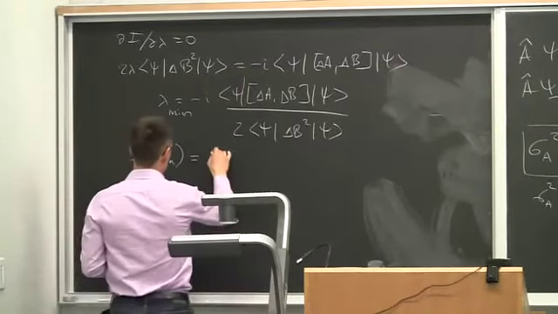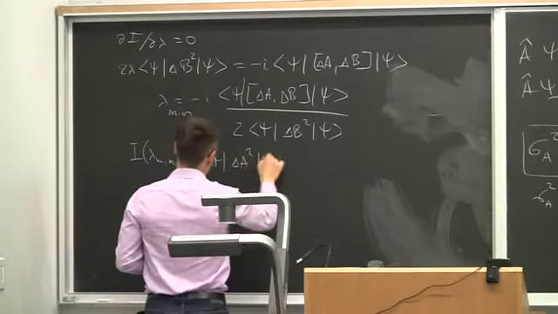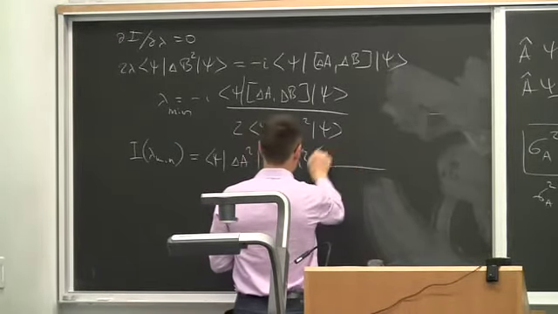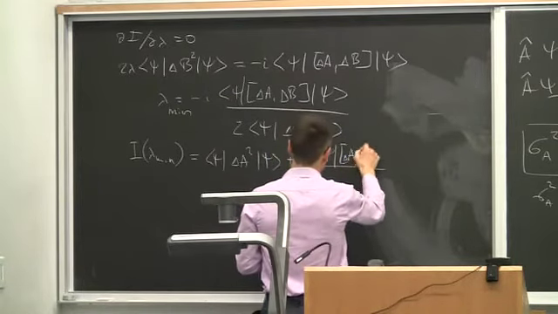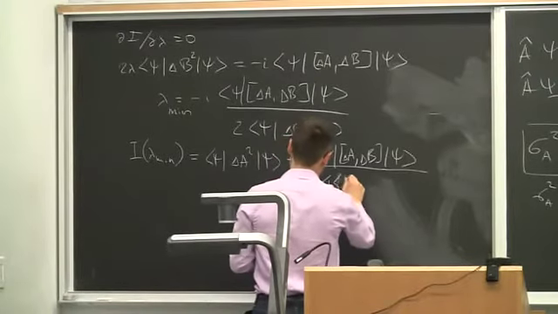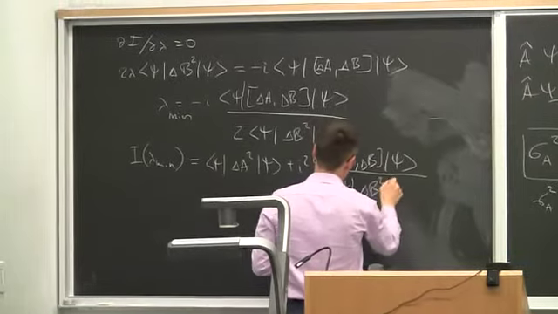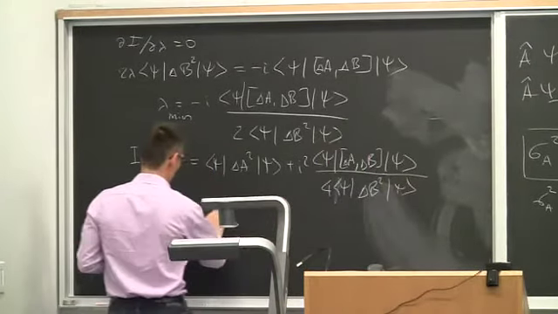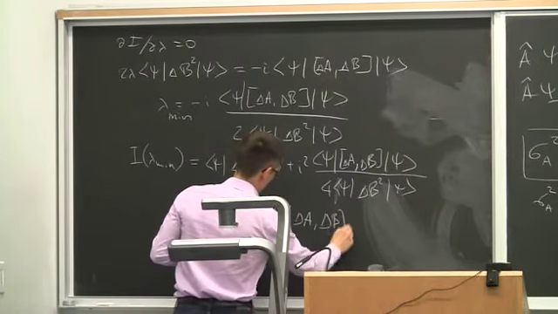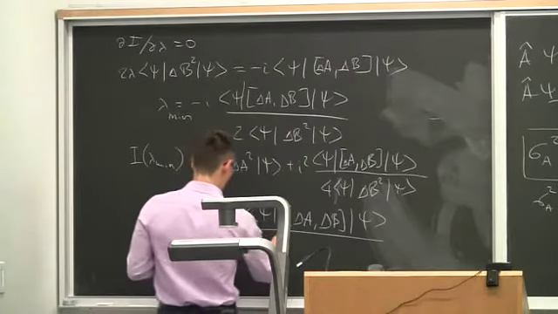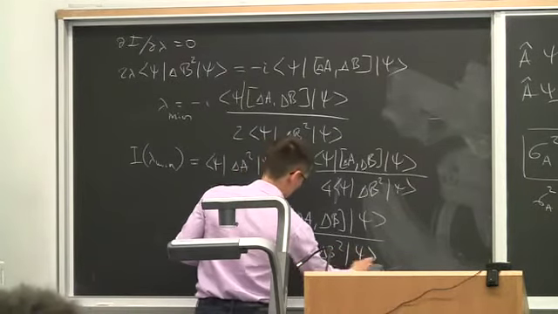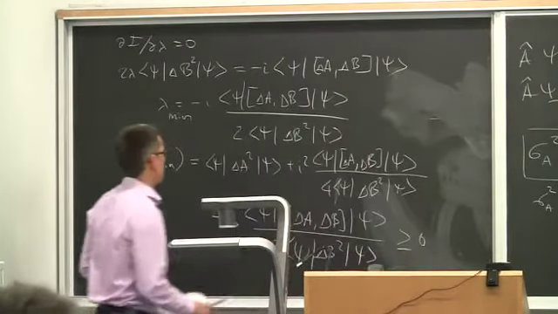So this is equal to, we have double I's, minus I squared. Okay, so we have 3 terms.